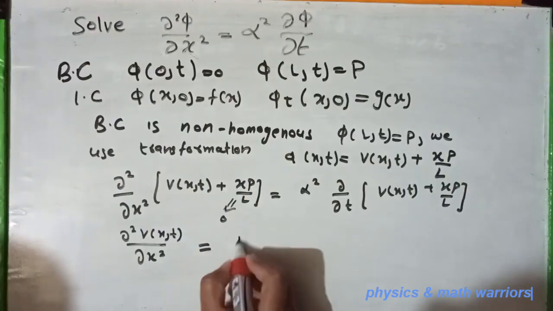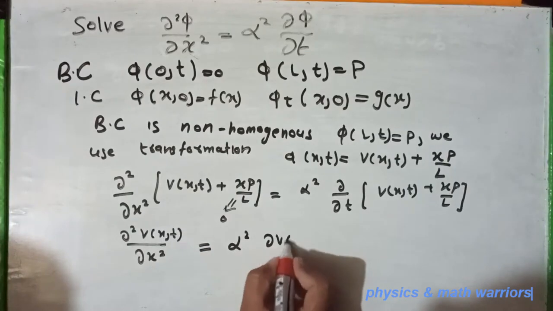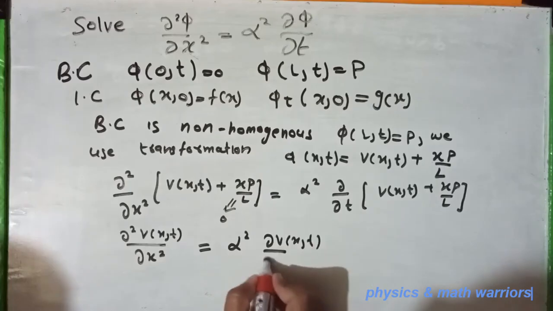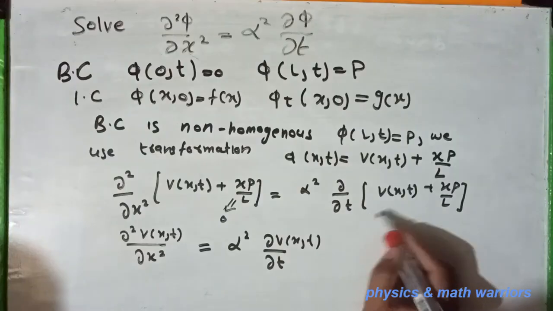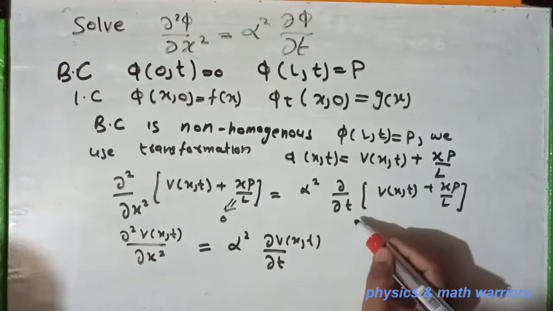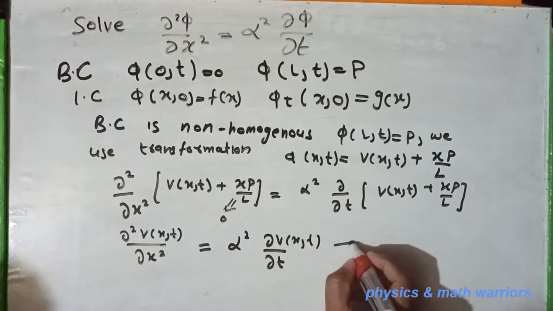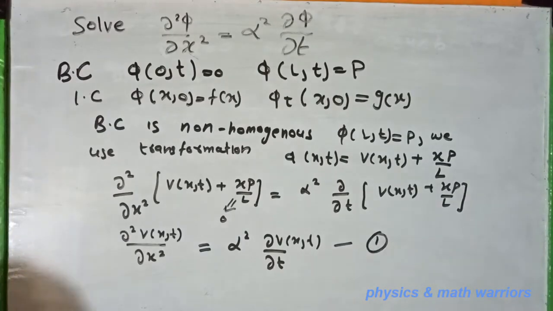So this becomes α² ∂v/∂t, and this term does not depend on t, so its partial derivative with respect to t is equal to 0. This is equation number 1.